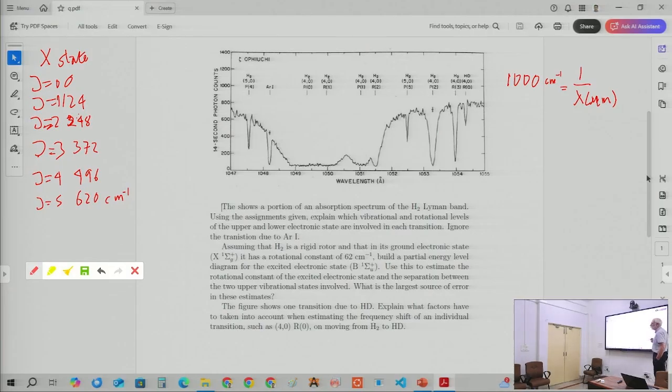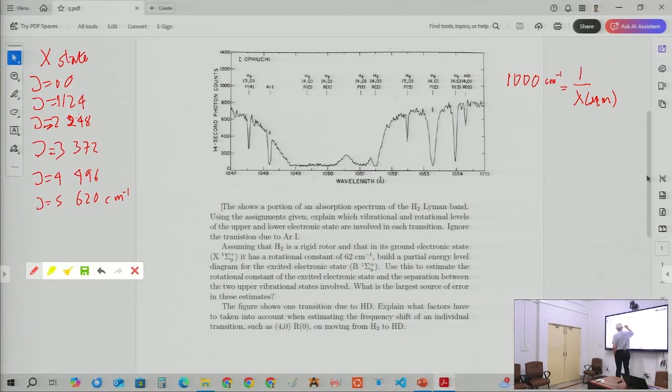This is in angstroms, so angstroms to microns is a factor of 10 to the 4, yep. So we'll need values for here, here, here, here. They're not going to be terribly precise, but don't worry about that. We will need the HD ones in due course. So just one line. Yep.